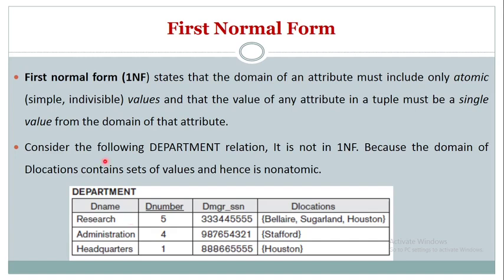Now let us understand first normal form. First normal form states that the domain of any attribute must include only atomic values. That is, it should be simple and indivisible. The value of any attribute in a tuple must be a single value from the domain of that attribute.